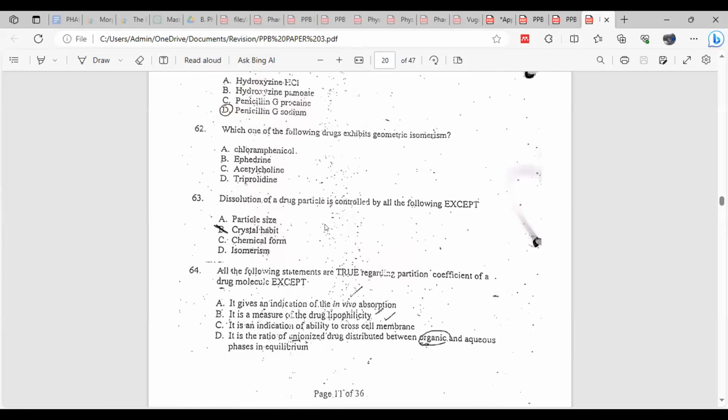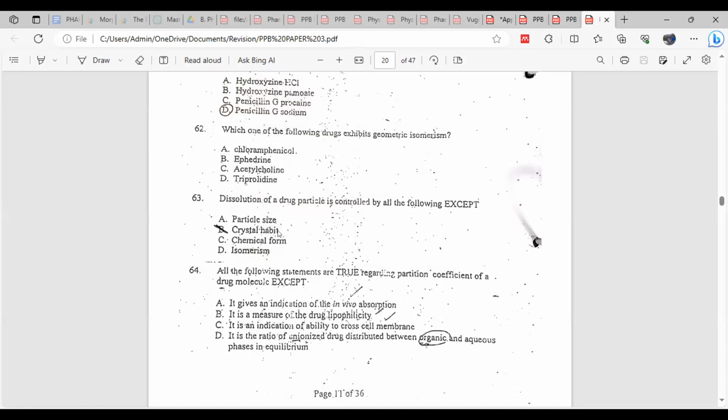So the dissolution of a drug particle is controlled by all of the following except: particle size. Yeah, we already looked at that. It does. Crystal habit. It does. What is crystal habit? That was about polymorphism, whether it's in a crystalline form or amorphous.